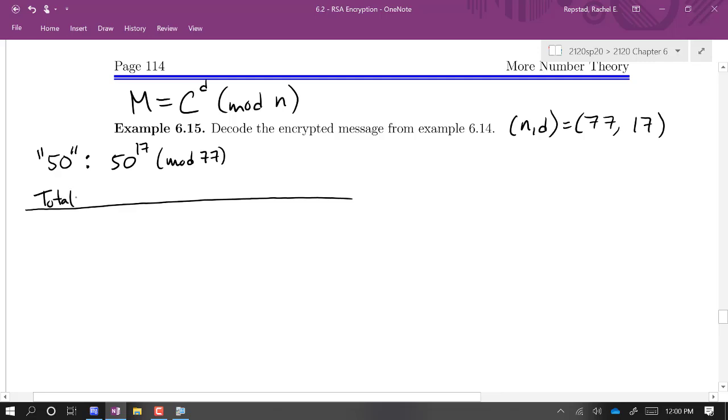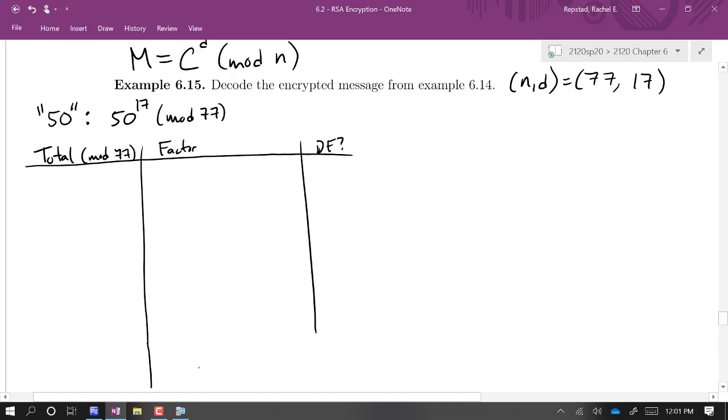Going to reduce everything mod 77 as we go. And 17, written as a sum of powers of 2, is pretty easy. 17 is just 1 plus 16.